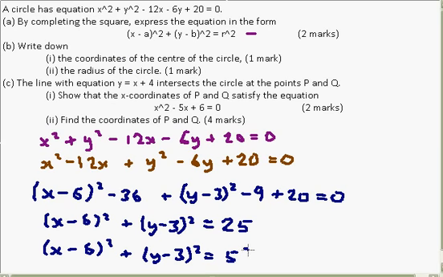Okay, that should be r squared. The radius of the circle is 5. And that's it. That was 2 easy marks there. The first 2 marks you can slip up on. Okay, it's completing the square twice, but the next 2 marks, once you've done that, are very, very straightforward.